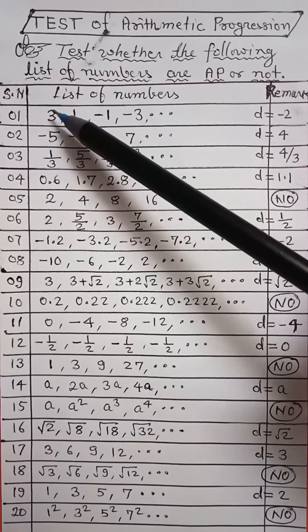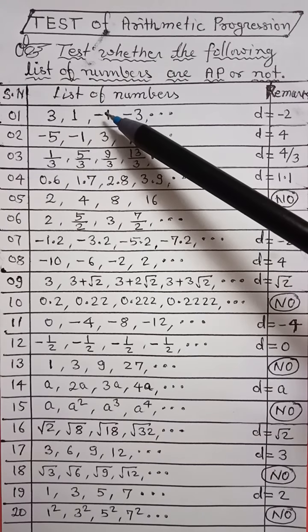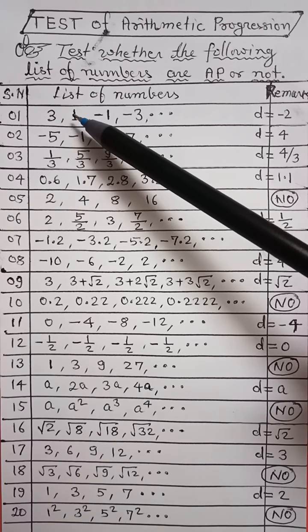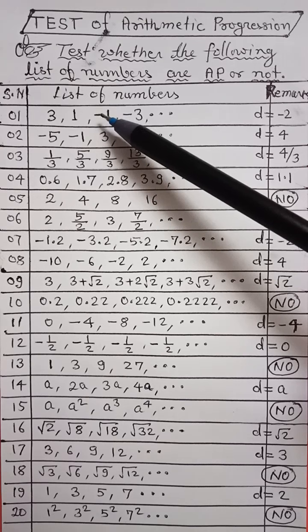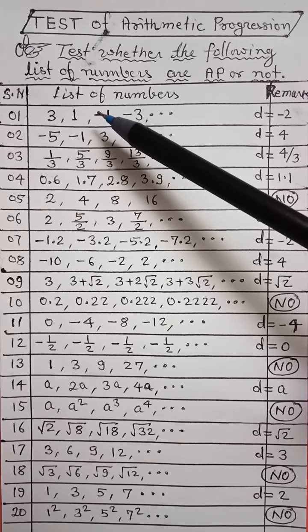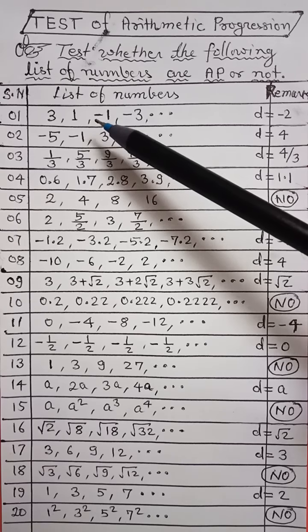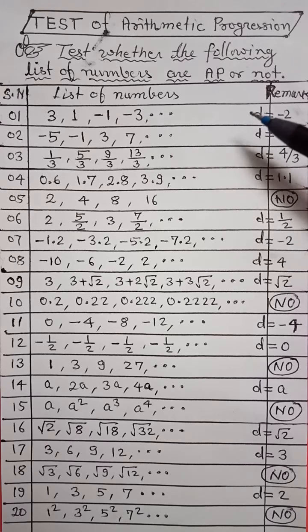Now here 1 minus 3 is -2. Similarly here -1 minus 1 is again -2. -3 minus of -1, that is -3 plus 1, that is -2. Hence we get that any term minus its preceding term is going to be -2.